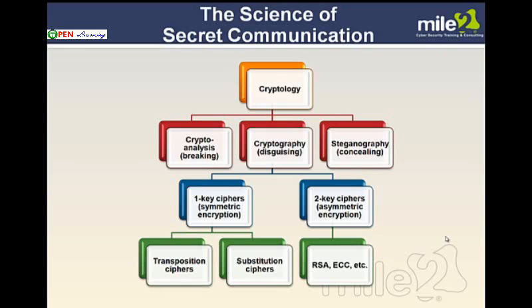It's more of concealing. As we'll study in this chapter, there's symmetric and asymmetric encryption. Symmetric only uses one key for the encryption and the decryption, and we'll see transposition versus substitution ciphers, as well as a two-key system with public and private keys. This is called asymmetric, where it uses Diffie-Hellman, elliptic curve, ElGamal, and RSA.